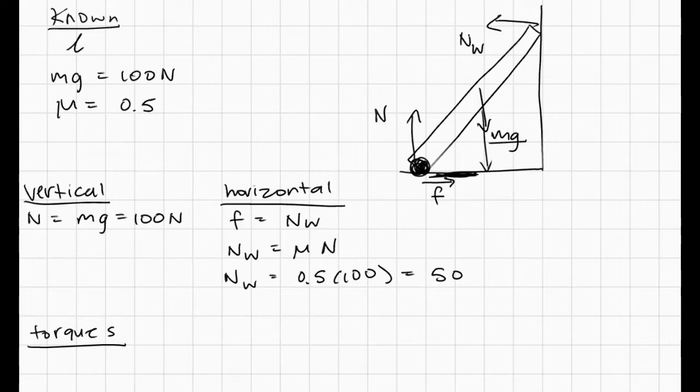I forgot to write that the ladder has length L, so this part would be L over 2, and so this part will be L over 2 cosine theta, if this is theta. So we have our first torque is mg L over 2 cosine theta.